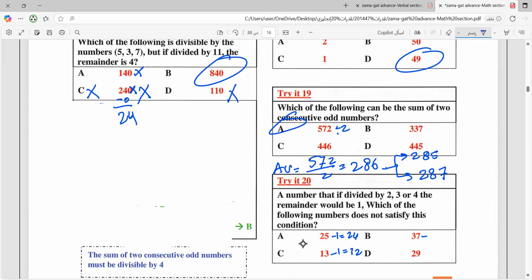Then we check the numbers. So 29 minus 1 equals 28. Then 24, 12, 36, 28 are divisible by 2. Then 3, this is divisible by 3, divisible by 3, divisible by 3, except this 28, not divisible by 3. So the answer is 29.